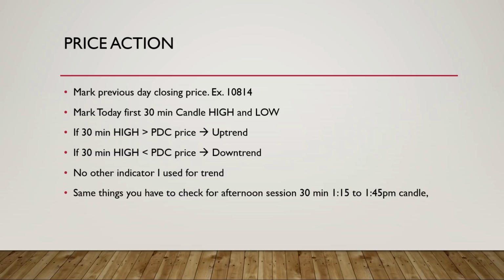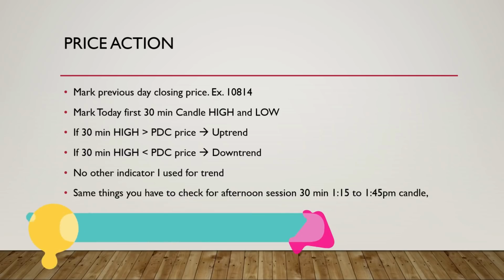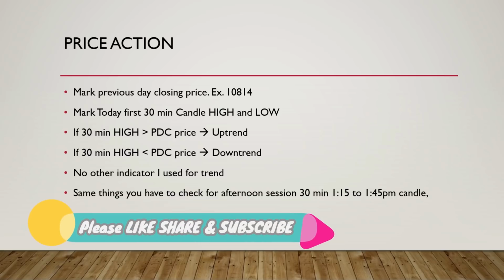If you are a risky player, then you play at the money. I mostly recommend that you trade with only one lot for the first 1 or 2 months, and after gaining experience with OI and price action, you can increase your lot size.